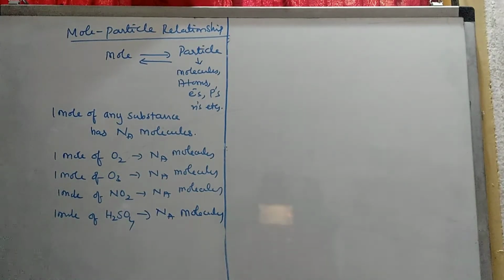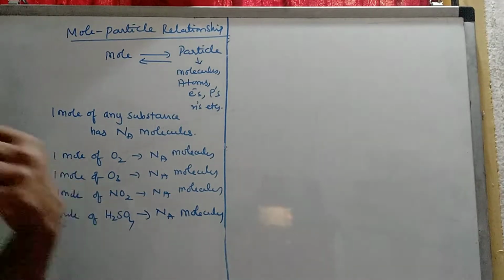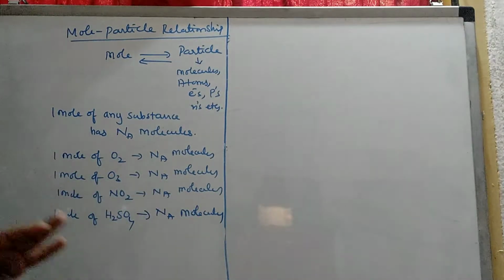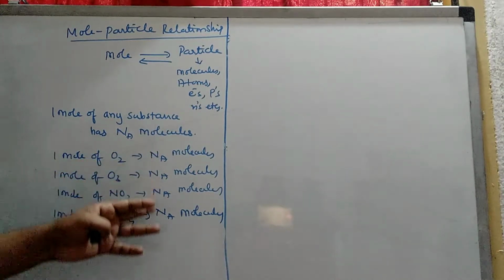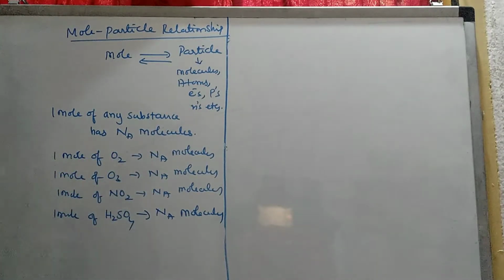Means 1 mole of any substance at given conditions has Na molecules. Mainly for gases you have to take STP conditions; if conditions change, the value also changes.